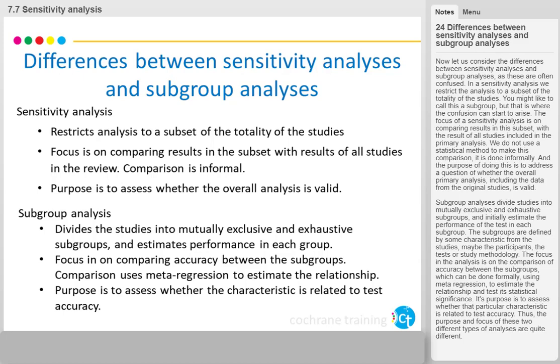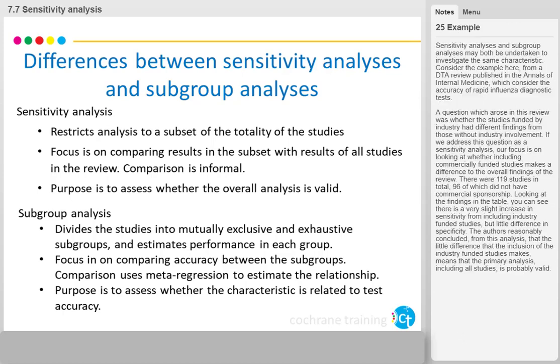The focus in the analysis is on the comparison of accuracy between the subgroups, which can be done formally using meta-regression to estimate the relationship and test its statistical significance. Its purpose is to assess whether that particular characteristic is related to test accuracy. Thus, the purpose and focus of these two different types of analyses are quite different.